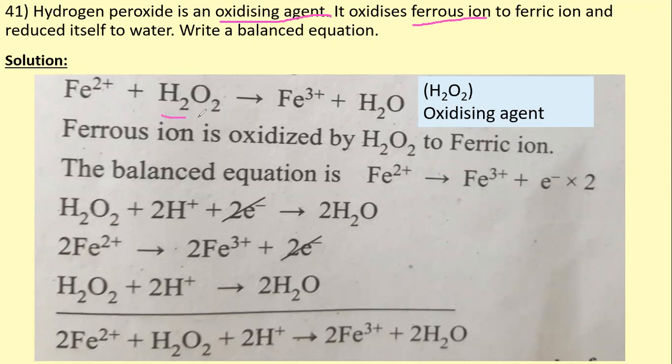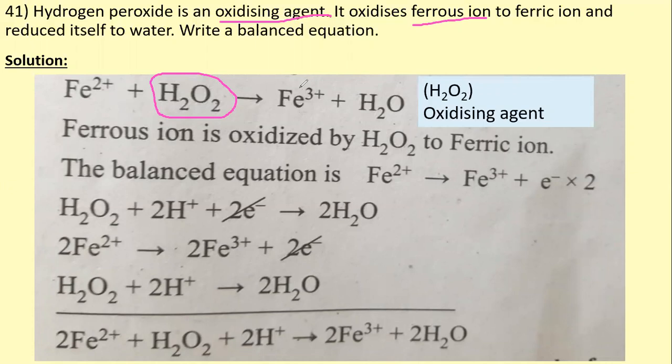See here, hydrogen peroxide is simply written as H2O2. This H2O2 with ferrous ion gets converted to Fe3+. So Fe2+ to Fe3+. See here, the oxidation number increases by 1 electron.